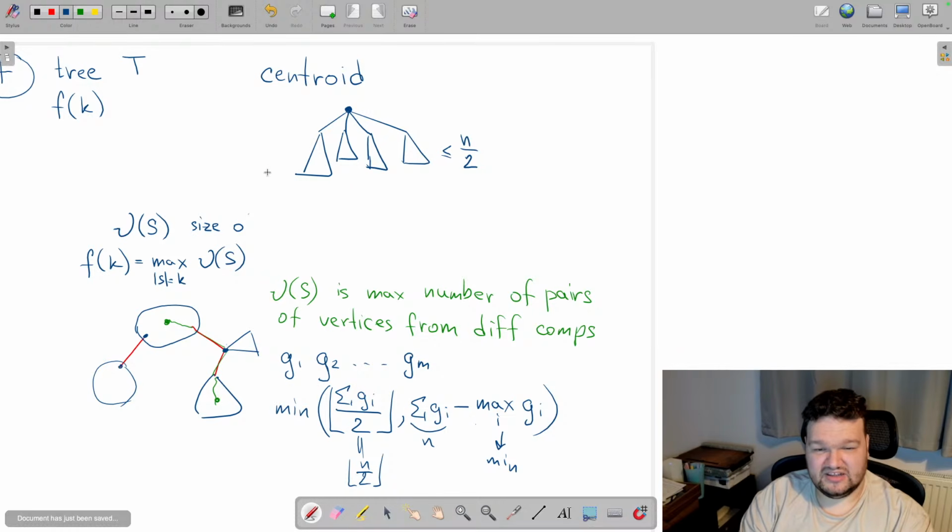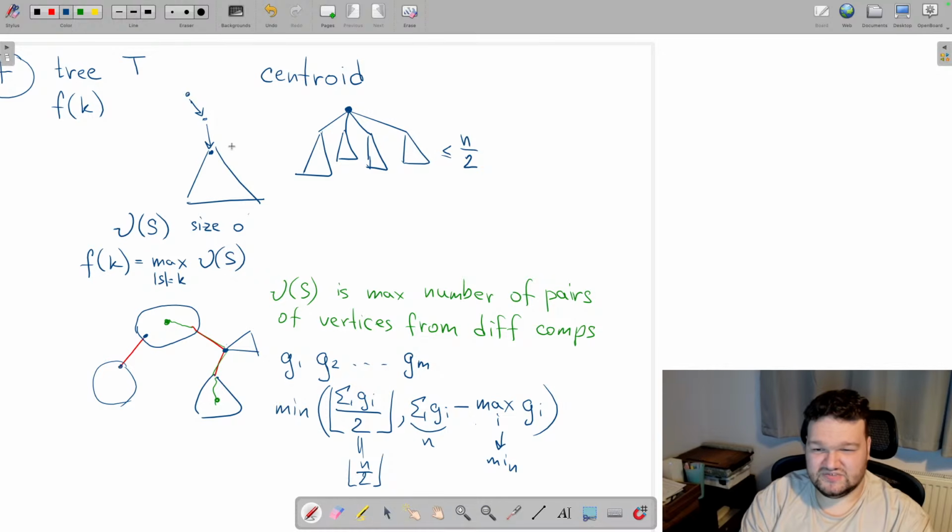And we can find such a vertex in linear time: we can choose any root, calculate sizes of the subtrees, and then we start in the root, and go to the son if the size of that son is at least n over 2. Then we stop at some vertex, and what does it mean?